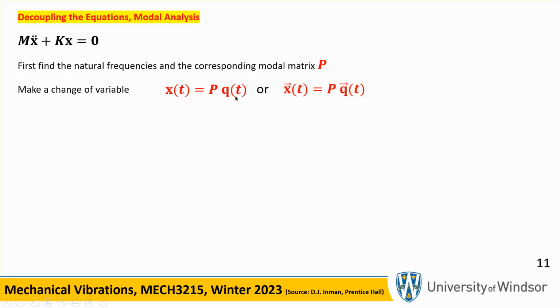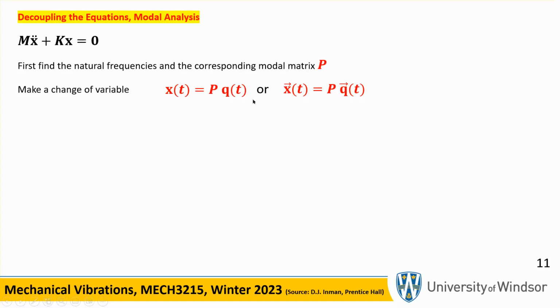But we're going to make a change of variable. We go from x, which is what we want, to some other coordinate, which is called q. These are called modal coordinates. Through the matrix P, this is the change of variable. So I can write it like that, or x is a vector with 2 components, so I put an arrow there. q is a vector with 2 components, q1 and q2, so I put an arrow there.